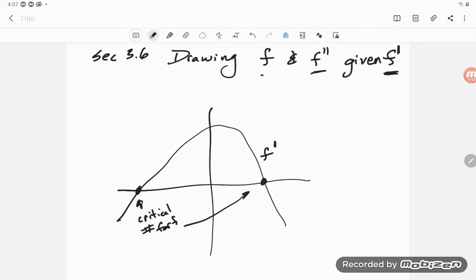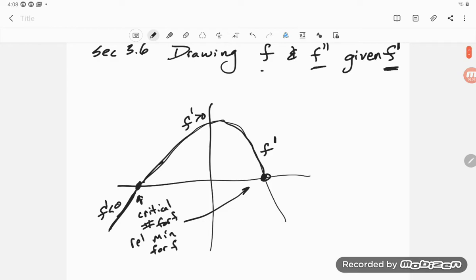How do I know that? Well, because here the value of f prime is negative, and all through here the value of f prime is positive. If f prime was negative, that meant f was decreasing, and then it was increasing. So this critical number corresponds to a relative minimum for f.